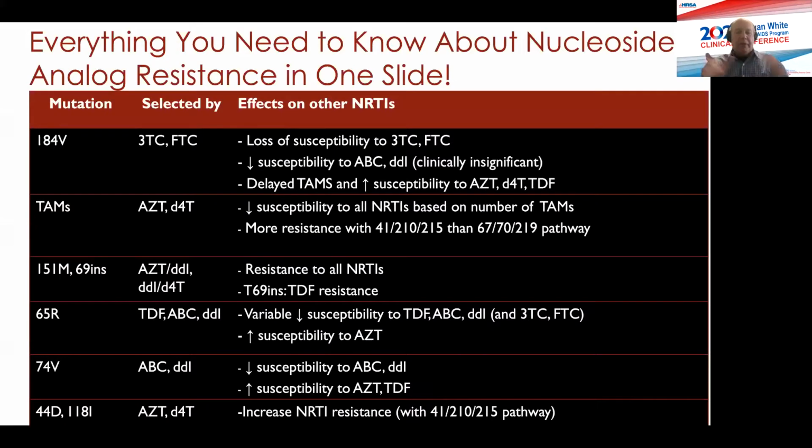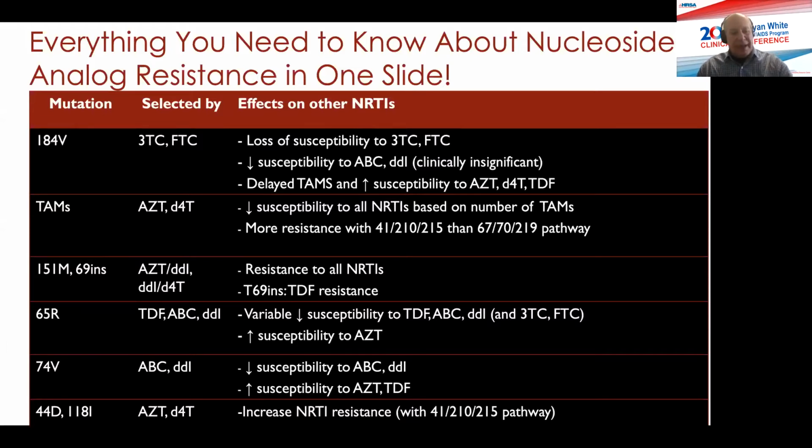So here's everything you need to know about nucleoside analogs in one slide. I'm not going to dwell on it because I'm going to get these slides to you. The M184V we've already talked about, or it could be M184I. The TAMs, which are for nucleosides like our AZT-like, can increase susceptibility to some of the other agents, such as TDF.